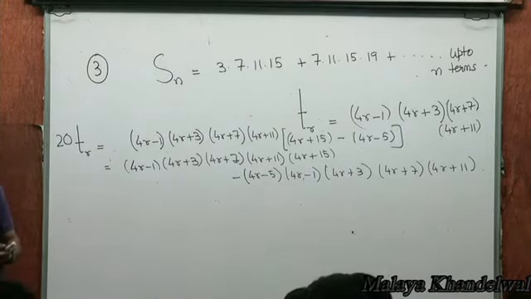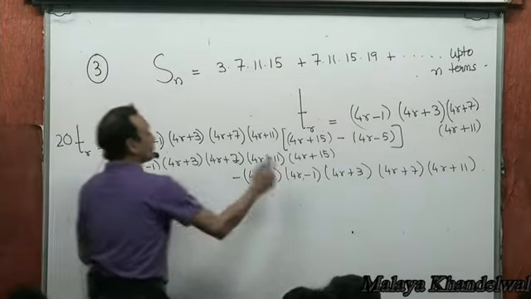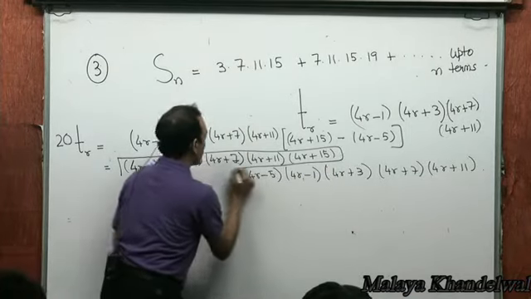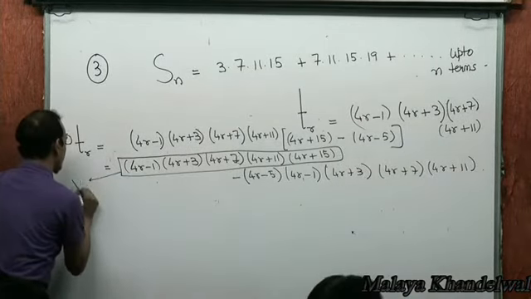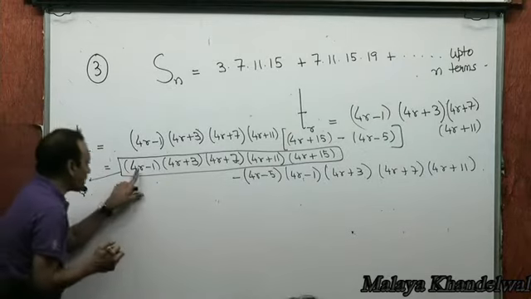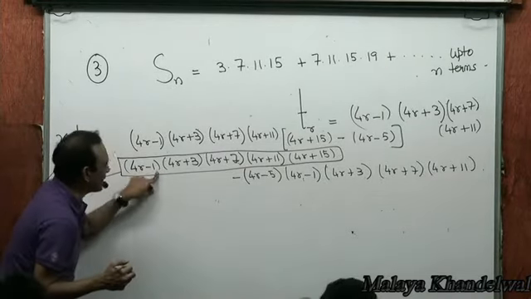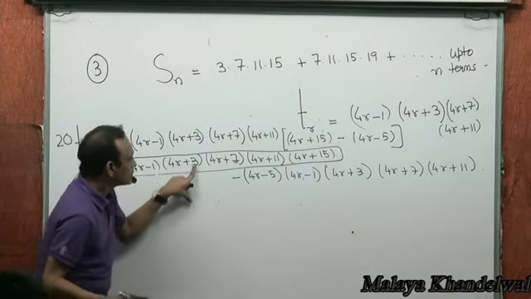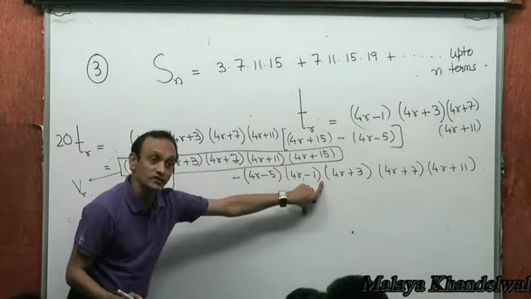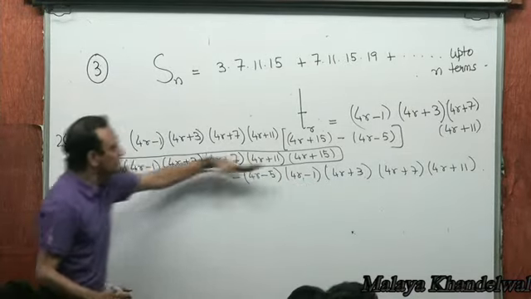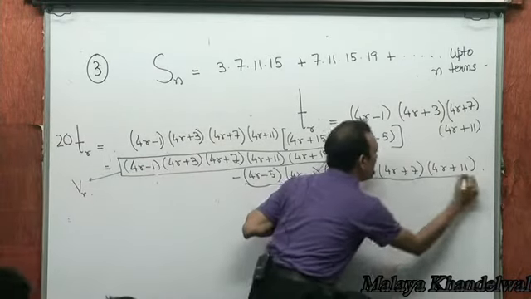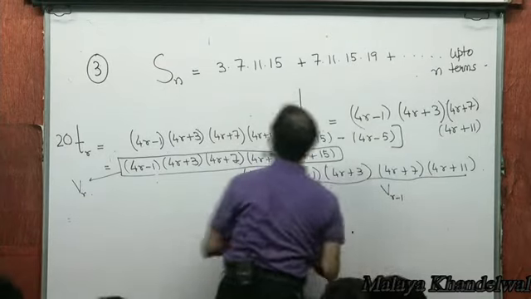Realize that if this is customarily referred to as Vr, then replace r by r minus 1. So this will become 4r minus 4 minus 1, which is 4r minus 5. Replace r by r minus 1: 4r minus 4 plus 3, which is 4r minus 1, and so on. So if this expression is referred to as Vr, then this could be looked upon as Vr minus 1.